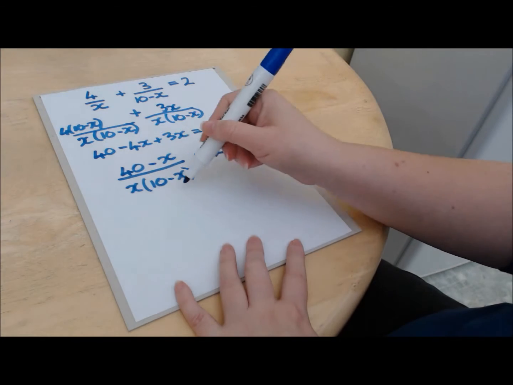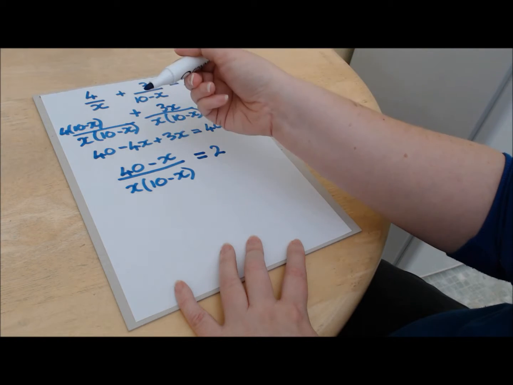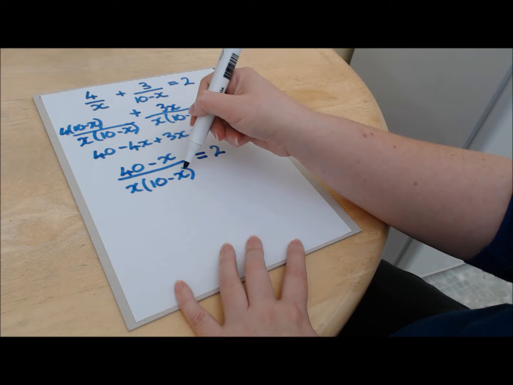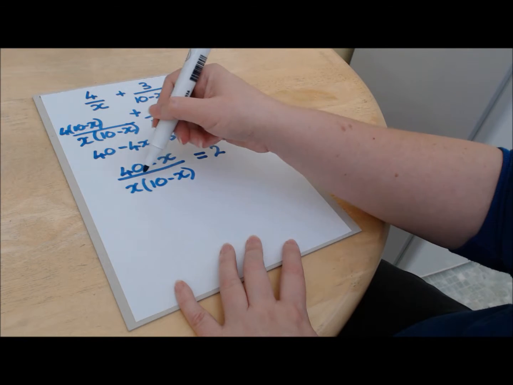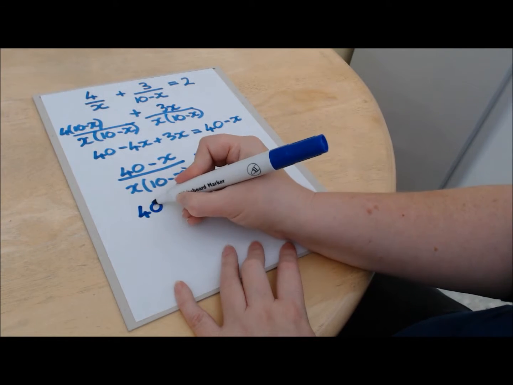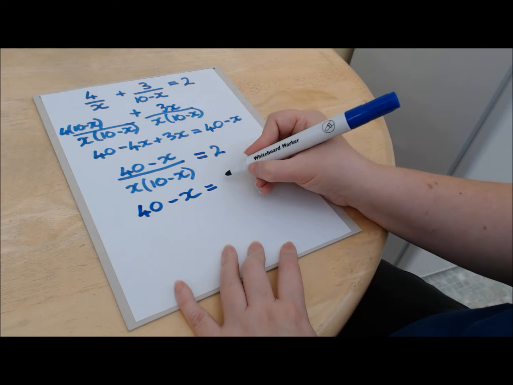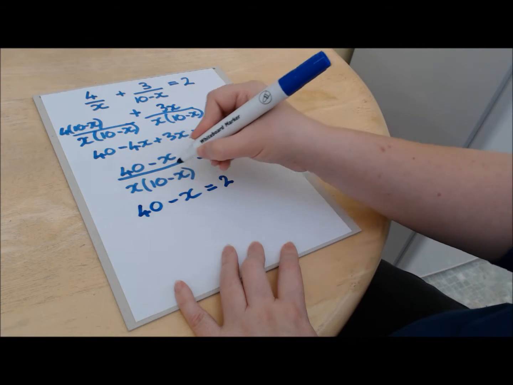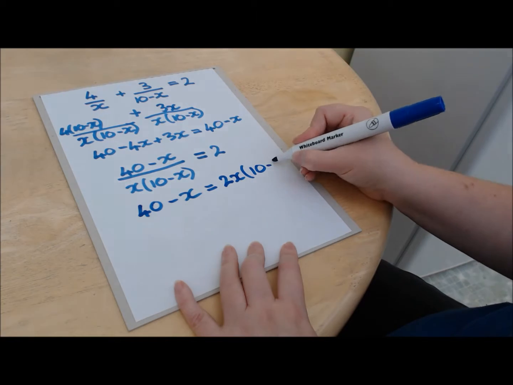To remove a bottom, which is dividing the top, we need to multiply by what's on the bottom. So if I multiply this side by all of this, that will cancel and go away. So on this side we'll have 40 minus x, and on this side we will have 2 times all of that. So we'll have 2x(10 minus x).